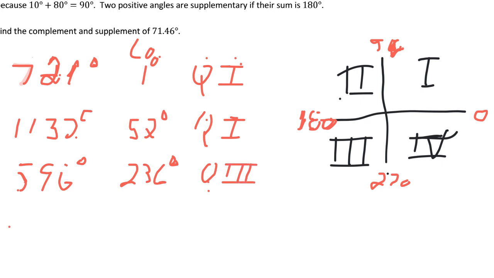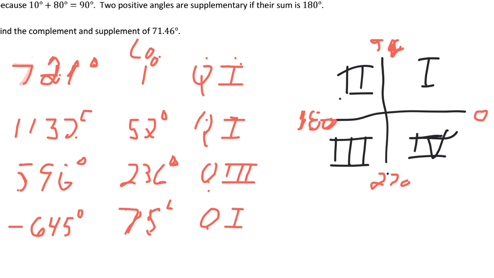And if they're negative, we just add. Let's do negative 645. Negative 645, we add 360. It's negative 285, plus 360 is 75. So it's coterminal with 75 degrees. This is in quadrant 1.